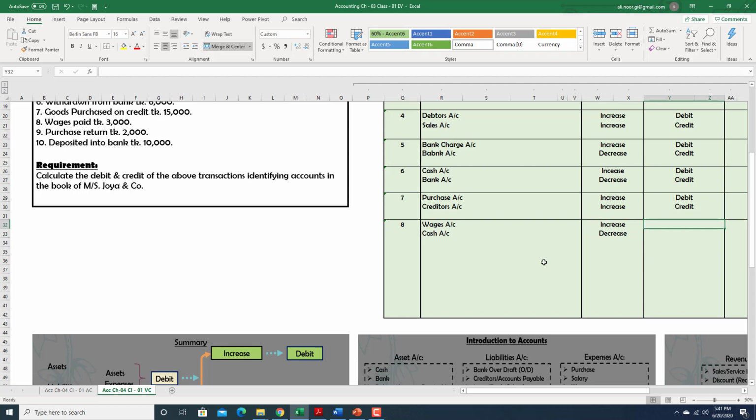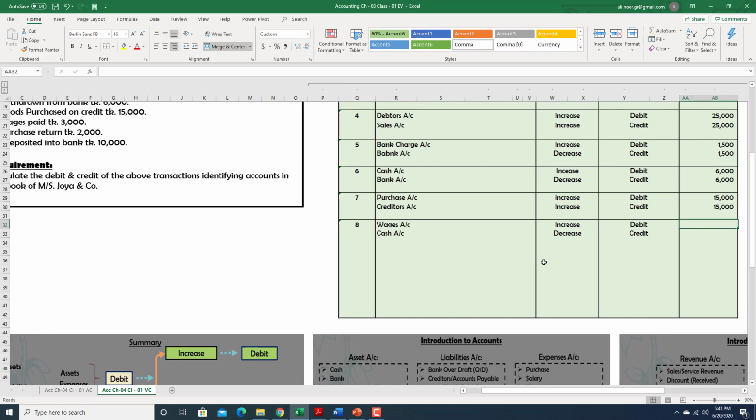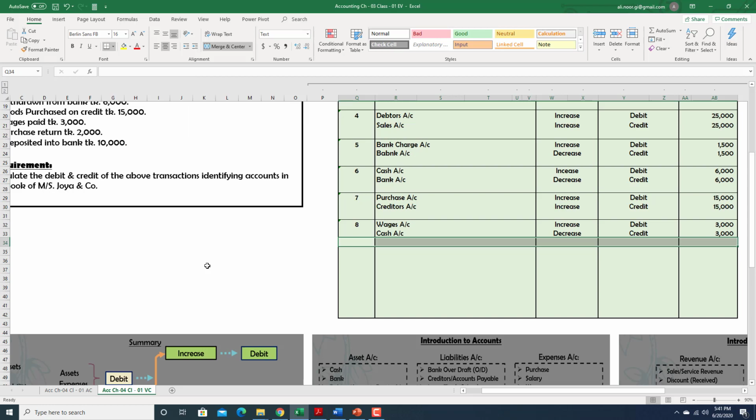Since wages is an expense account and it has increased, we have to debit it, and cash decreased, so we have to credit it, because we know when any asset account decreases we have to credit it, and the amount is taka 3,000. Sorry, 3,000 debit, 3,000 credit. Right. We will see now number 9.